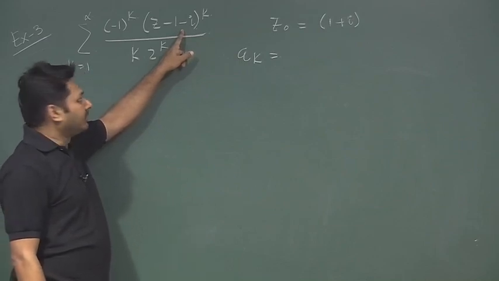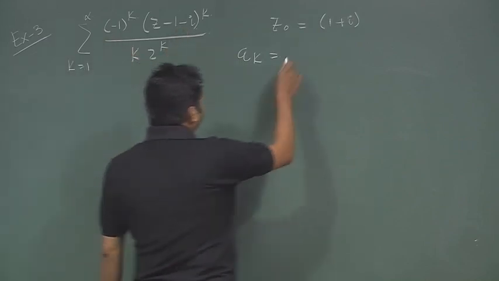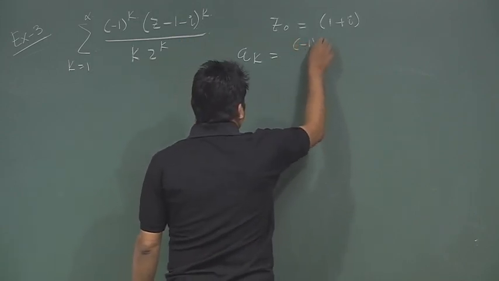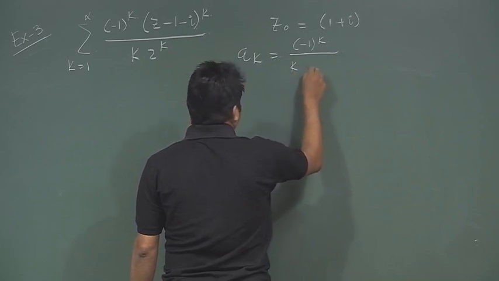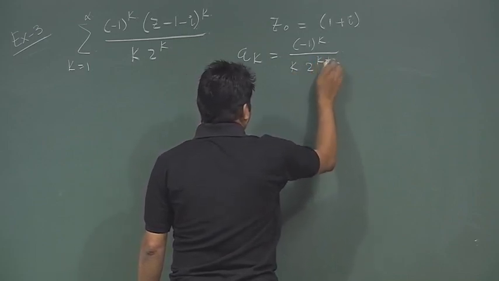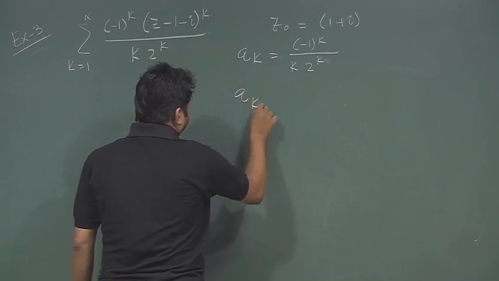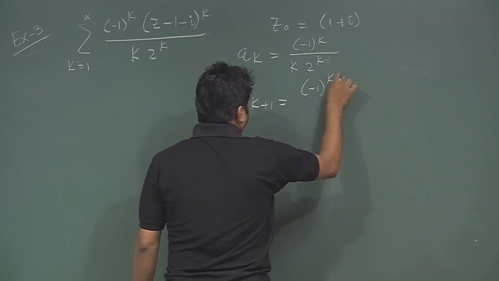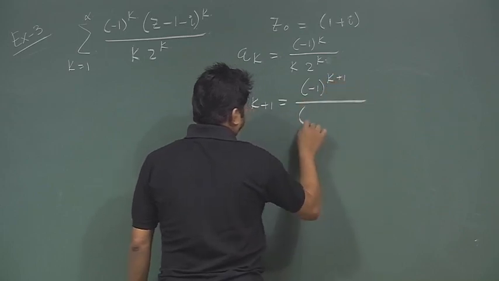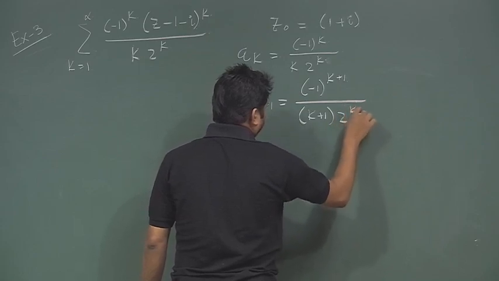And a k is minus 1 to the power k divided by k times 2 to the power k. A k plus 1 is minus 1 to the power k plus 1 divided by k plus 1 into 2 to the power k plus 1.